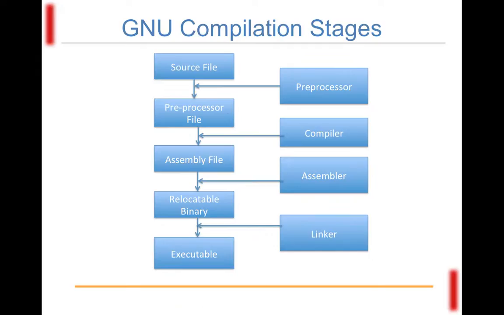First of all, I want to discuss these things because they are very important as a system developer, as a C programmer: how the compilation takes place and what the stages involved are. If you consider from the bottom, everything boils down to binary, that is 0 and 1, which is understandable by the system, right?